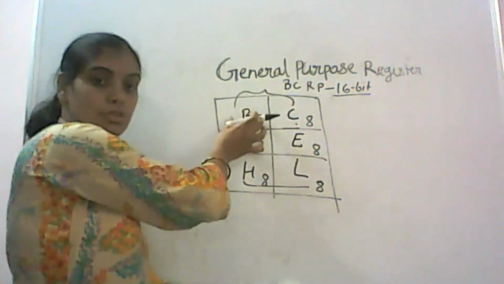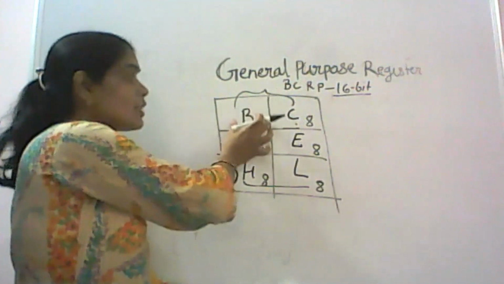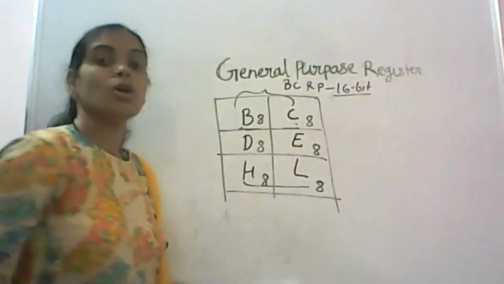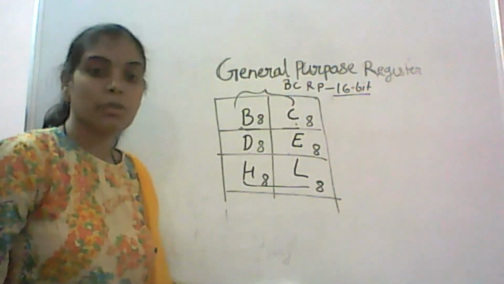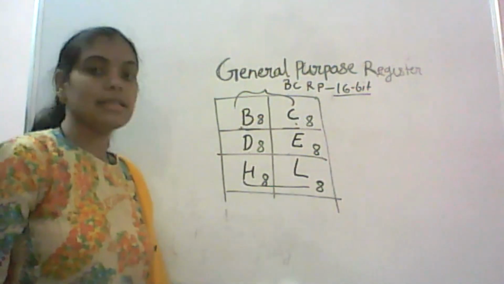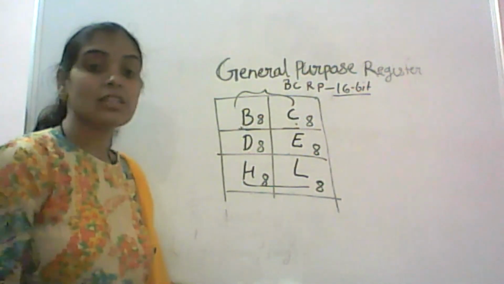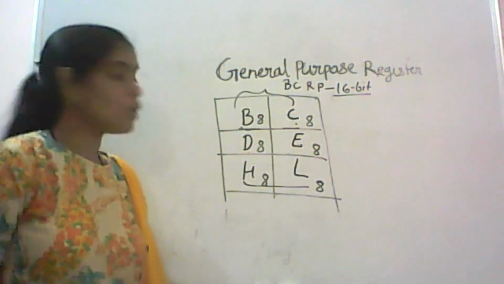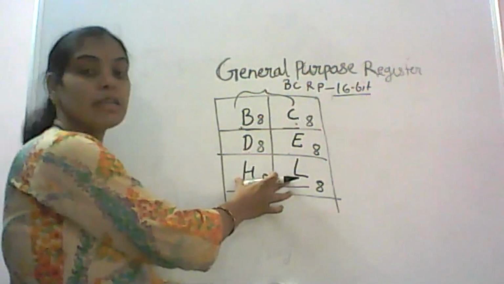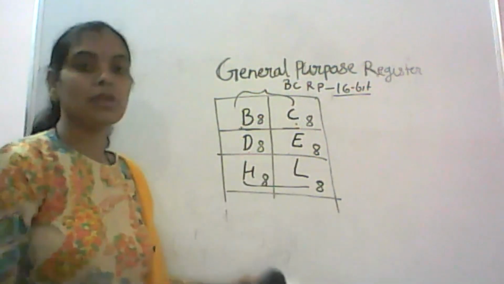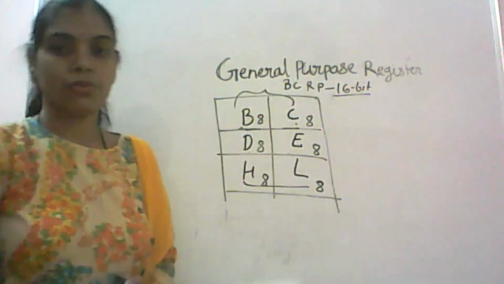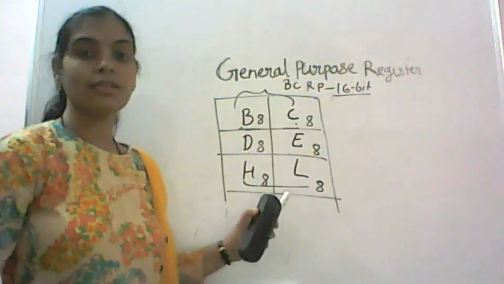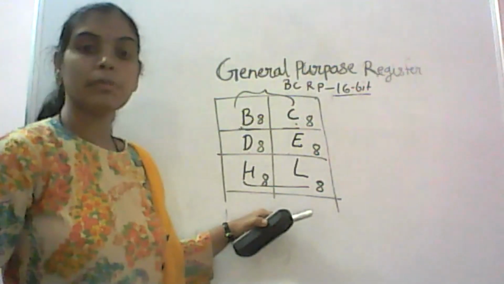Okay. इन्हें हम individually use करते हैं तो वो register कितने bit का होगा 8-bit का होगा. अगर इन्हें combinedly हम use करते हैं, so this register pair is a 16-bit register. And lastly, HL register pair. The HL register pair is also used as a memory pointer for storing 16-bit address in some instruction in 8085. Okay. Now, I hope you can understand this block, that is general purpose register.